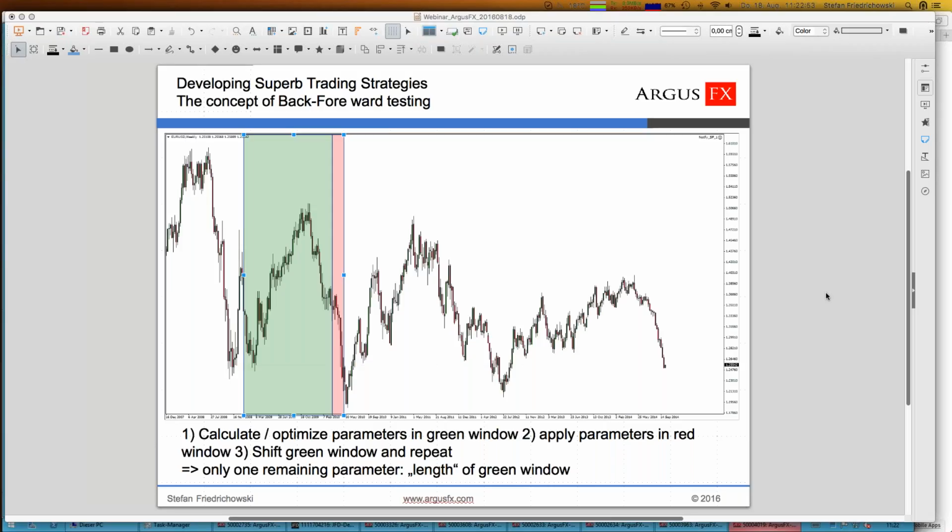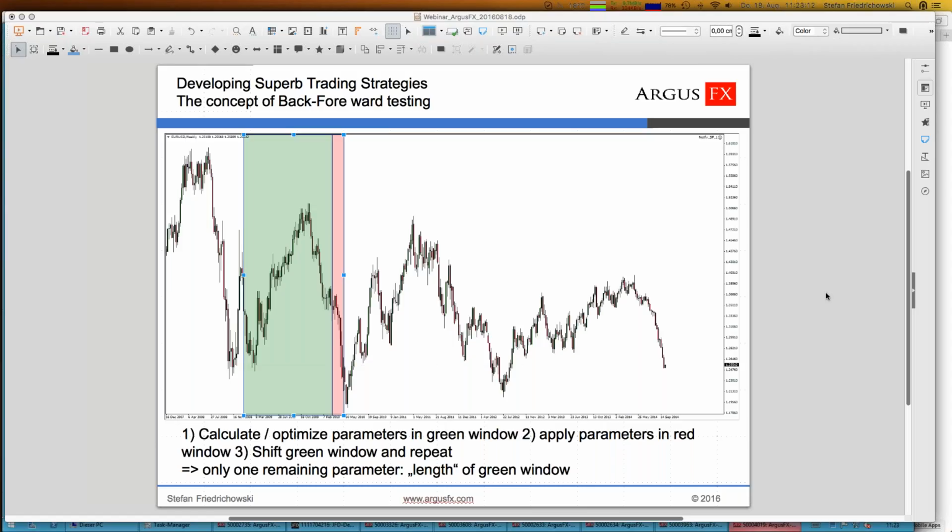So it's more a concept which helps us in 2 things. One is to reduce the number of parameters, finally exactly to 1, which still has to be optimized or tested, and the same rules apply here.